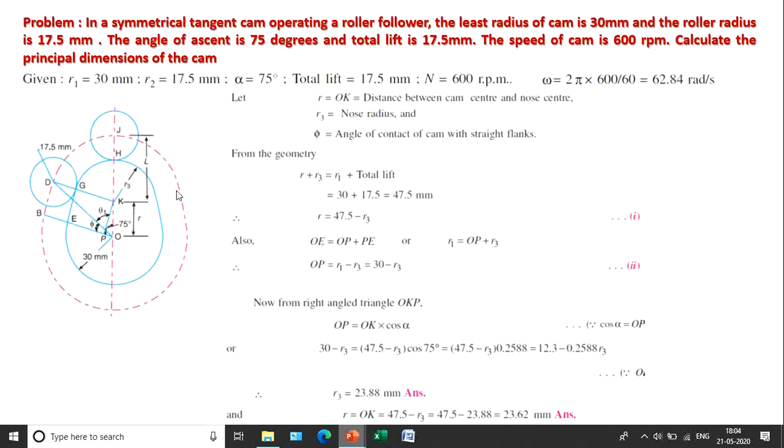This way we design the cam profile, not by construction. By using geometry and trigonometrical application, we can determine the dimensions of the cam in cam designs with specific contours. Similarly, for a circular arc cam also, we have to use the geometry of the cam and apply some trigonometric function to determine the dimensions of the cam.